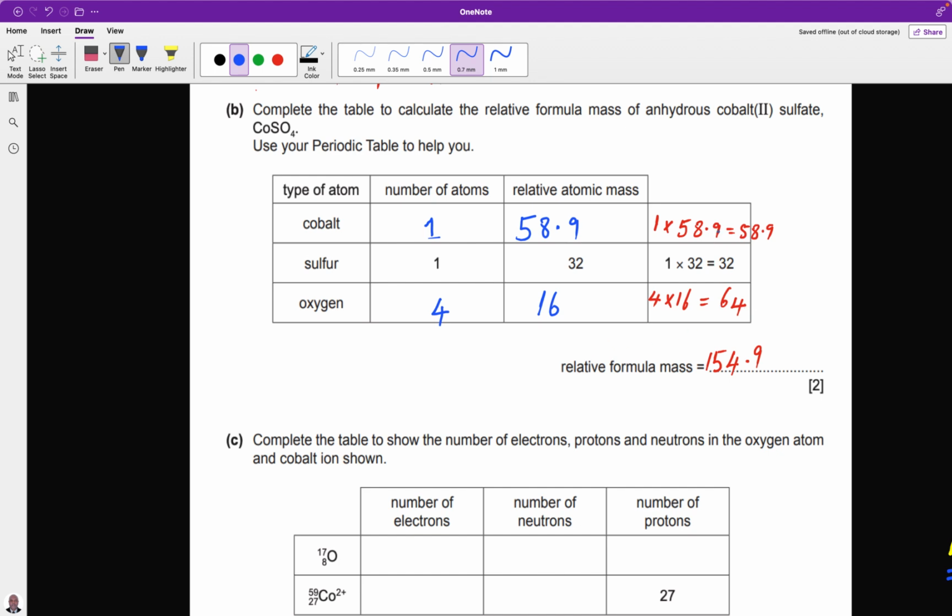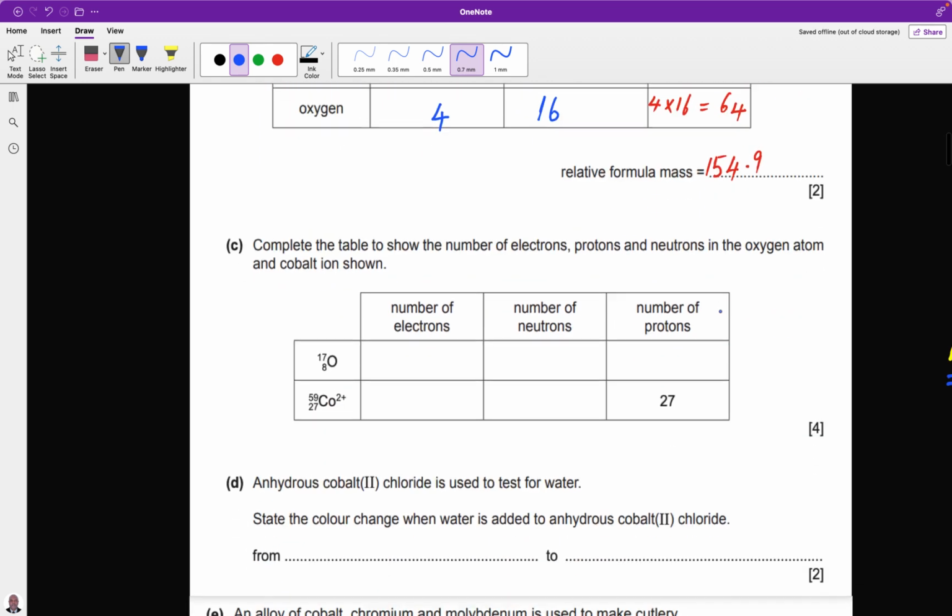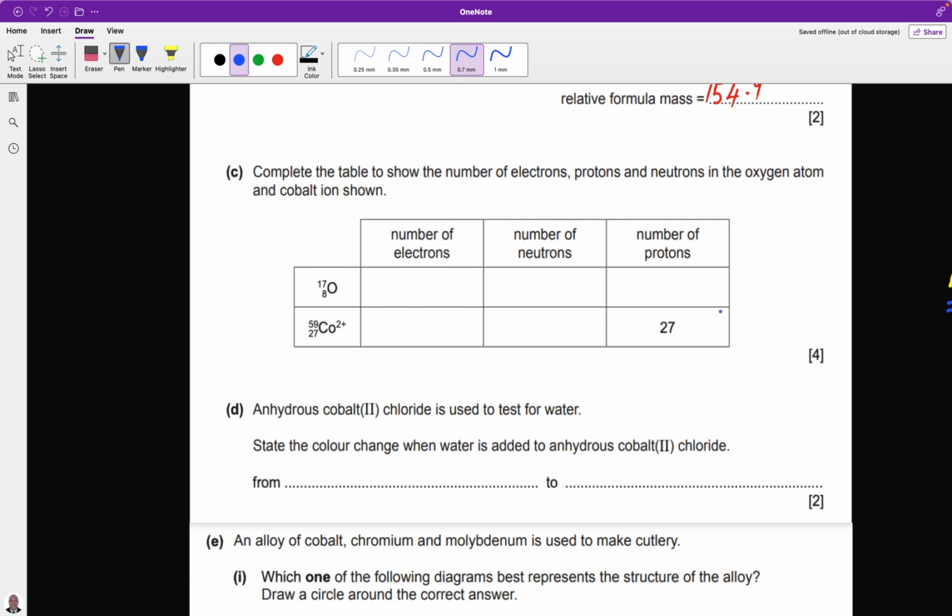Now, if we sum up everything, that is 58.9 plus 32 plus 64. We are going to have 154.9.